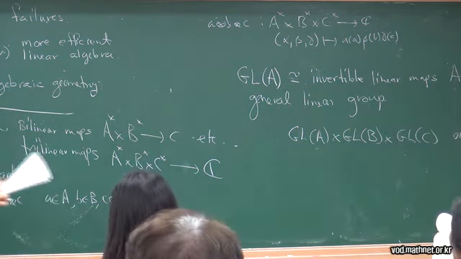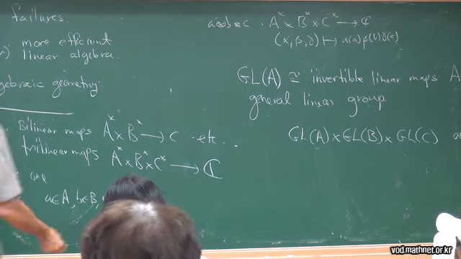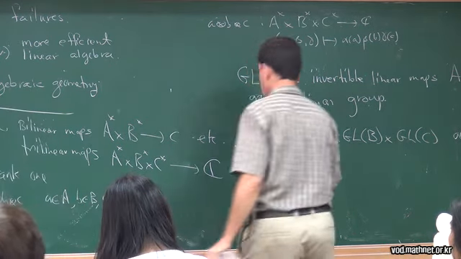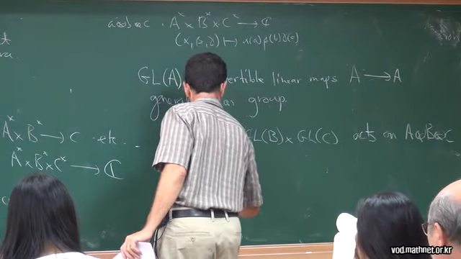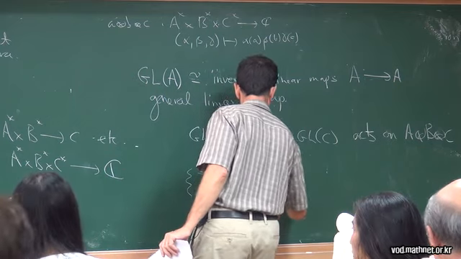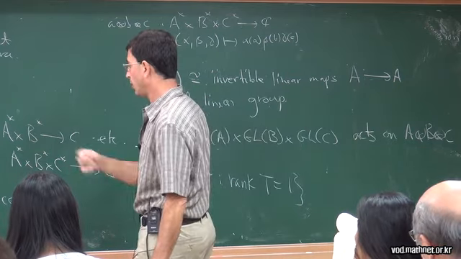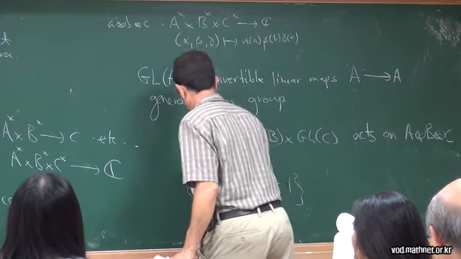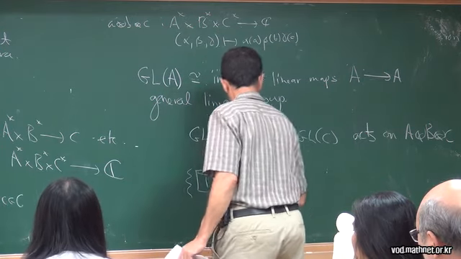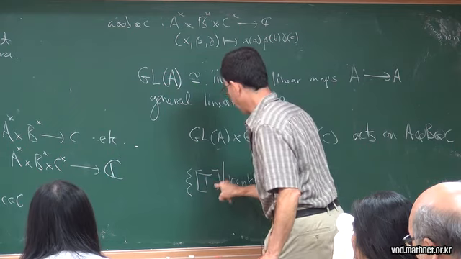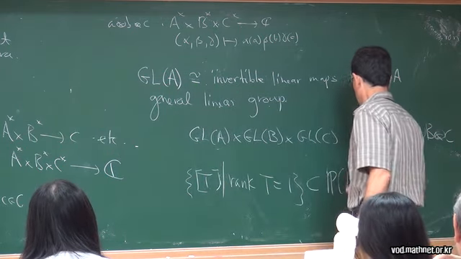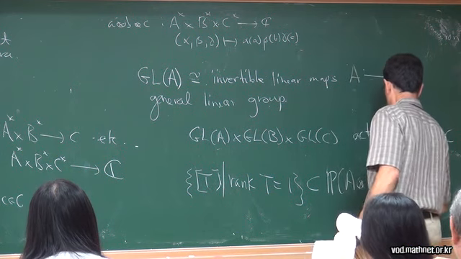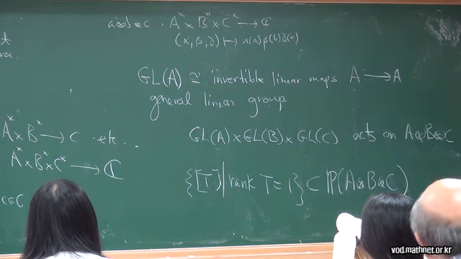Now, this set of tensors of rank 1, well, I'm going to work in projective space, so maybe I'll write a bracket for the point in projective space. This is a subset of this projective space. And momentarily, I'll actually show you it's an algebraic variety.